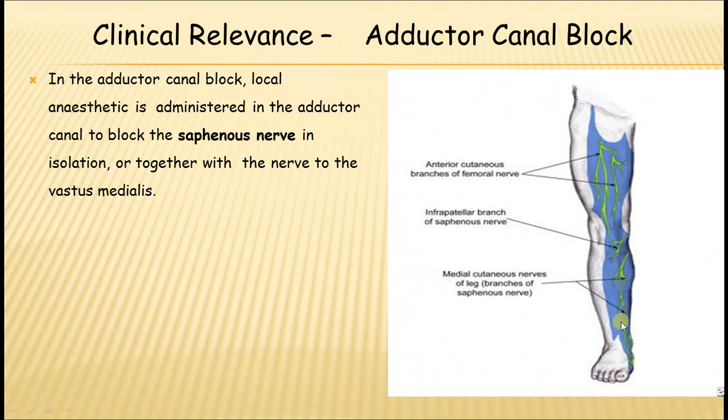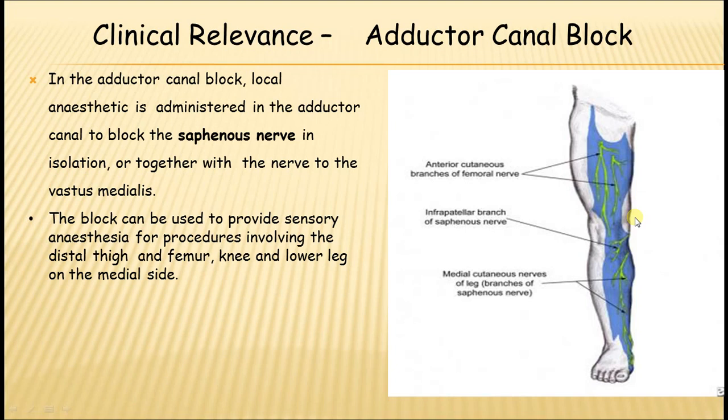It also anesthetizes the nerve to vastus medialis when you give a block in the adductor canal region. So this gives sensory anesthesia involving the distal thigh, femur, knee and lower leg on the medial side. So one is the adductor canal block.